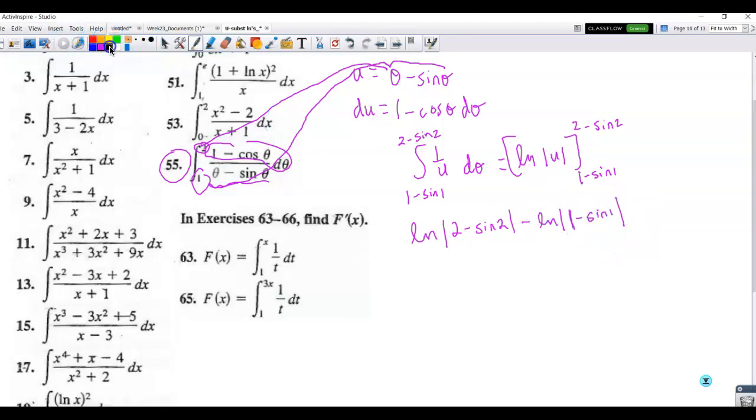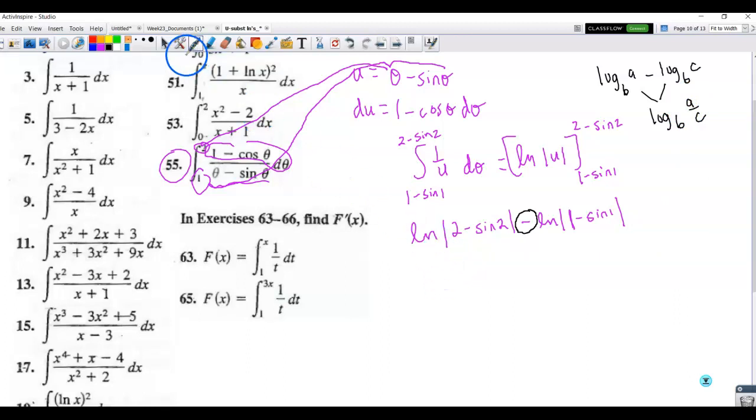Now, I am going to tell you that because of this minus, remember log properties. If I have log base b of a minus log base b of c, it's the same thing. Remember, we can condense our logs when they have the same base to be log base b of a divided by c.